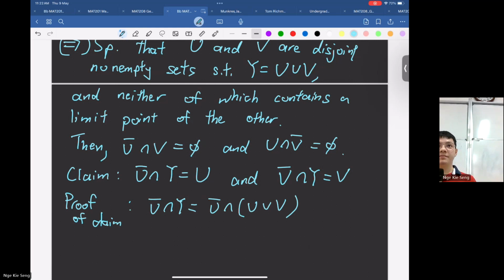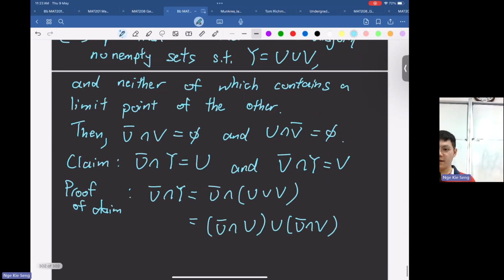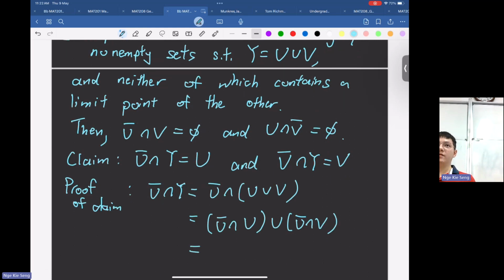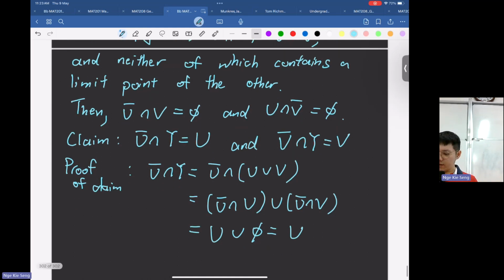Then we can distribute it, and we get (U bar intersect U) union (U bar intersect V). But U bar intersect U is just U, and U bar intersect V is empty. So you just get U. Similarly, we get V bar intersect Y equals V.